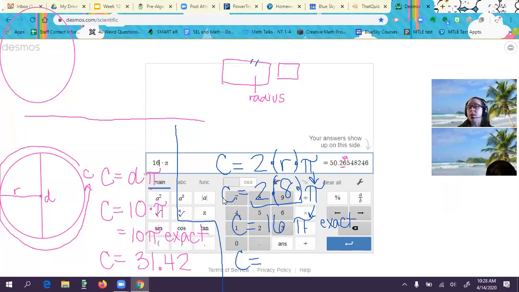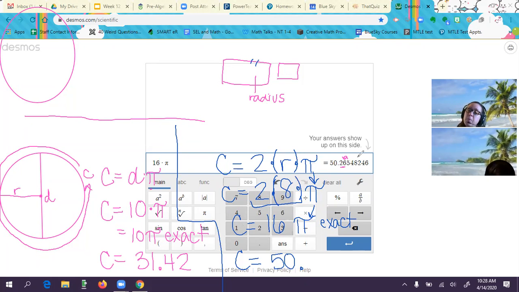What would that one round to for 2 decimal places? What do you guys think? 50 point, it'll be 2.7.